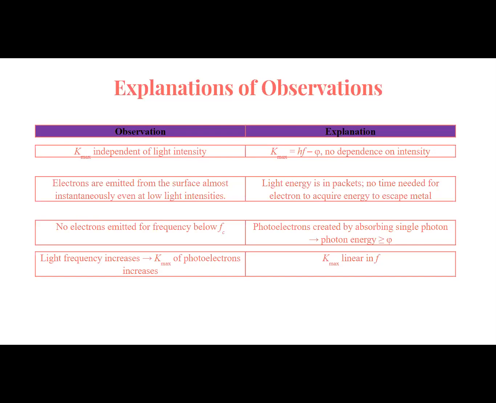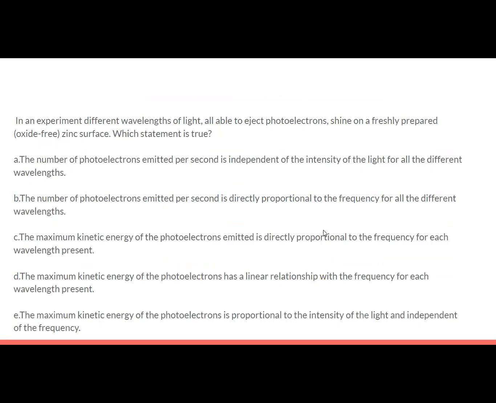And there's a cutoff frequency because photoelectrons only absorb one photon at a time, so that photon needs to have enough energy to overcome the work function. And they did see that as they increase the light intensity, that does increase the current because more ejections are happening at a time. But again, it doesn't increase the kinetic energy, only the change in frequency does.